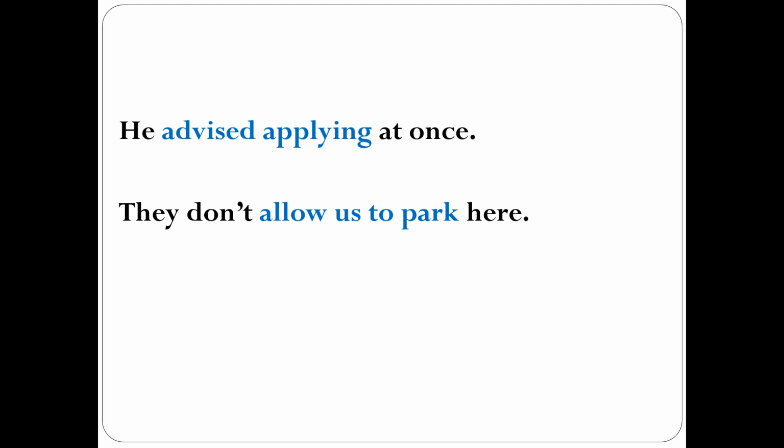There isn't an object, so we use the ing form. Okay, good. Next one. They don't allow us to park here. There is an object, so we use the infinitive form after the verb allow.